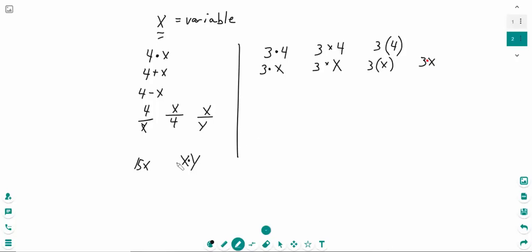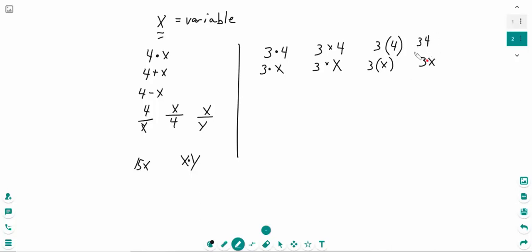Now, the only reason we don't use this with numbers when we're just dealing with numerical expressions is think about how confusing that would be. If you just take a 3, put it next to a 4, that does not mean 3 times 4. That actually means 34. That's the number 34. If we were to try to do that, it'd be very confusing. You wouldn't be able to tell what this was.